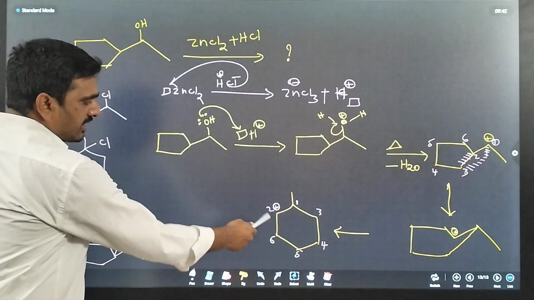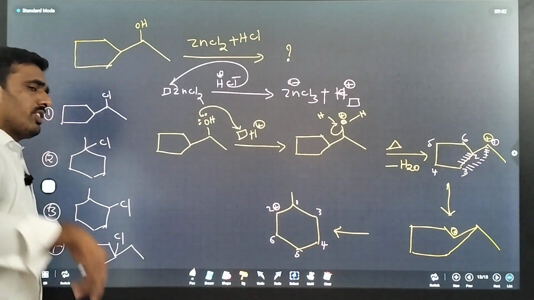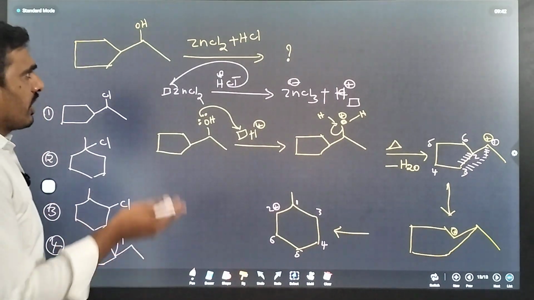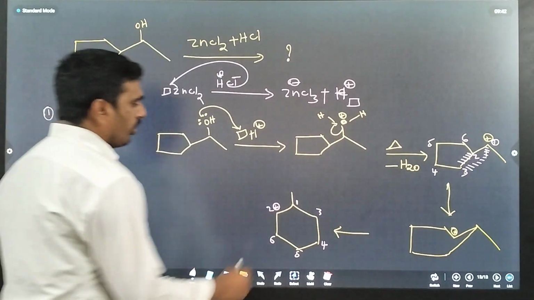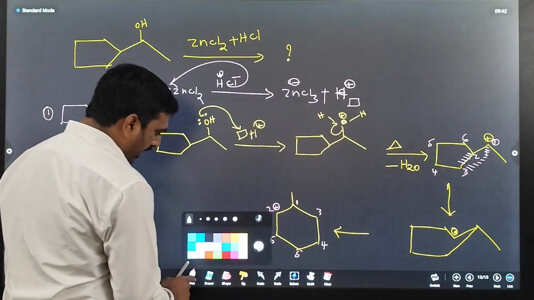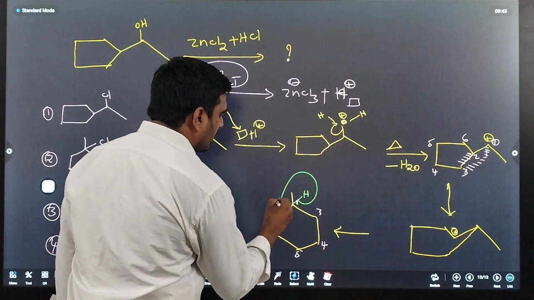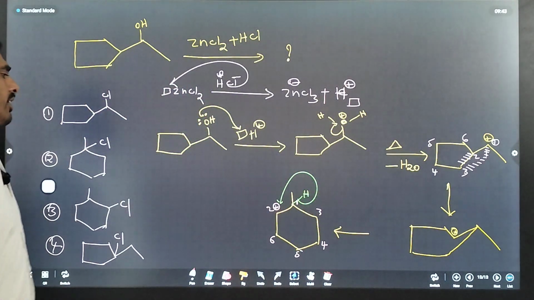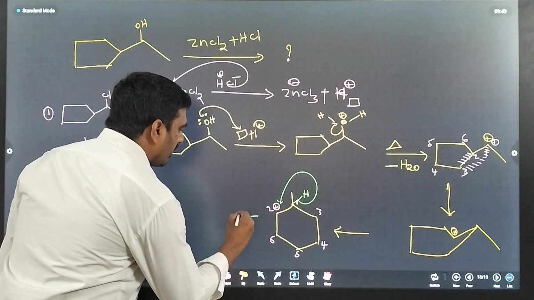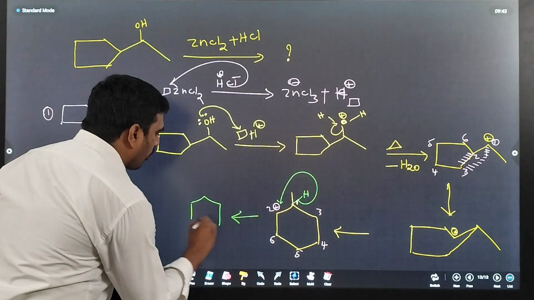Here this is a secondary carbocation. Generally, a tertiary carbocation is more stable than a secondary carbocation. Here one hydrogen is there, so this hydride ion shift takes place, and we get a stable tertiary carbocation.